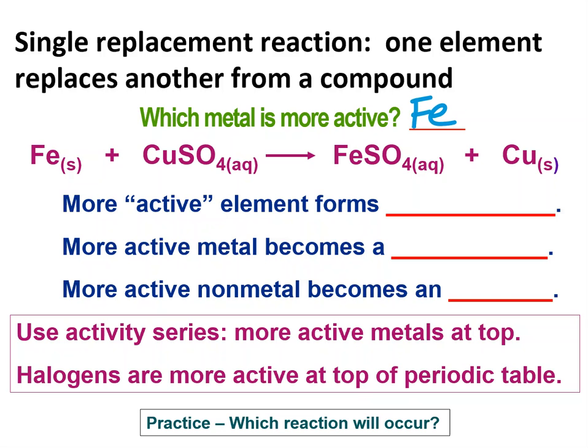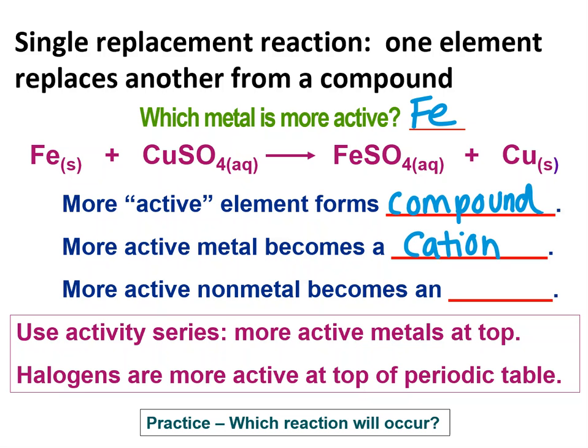Another way to see what's happening is that the more active element forms the compound. Sometimes you don't see the sulfate though. Sometimes you would just see the ions that are involved. And so the more active metal becomes a cation.